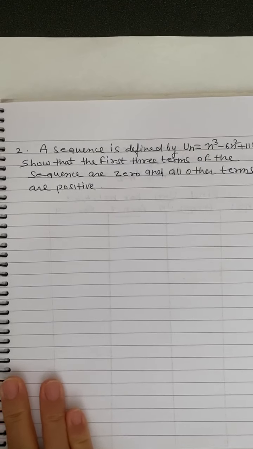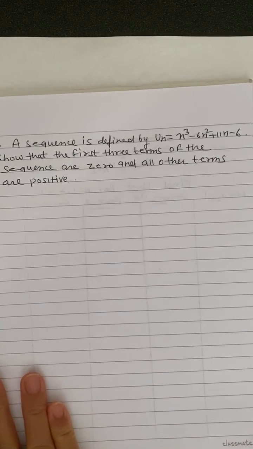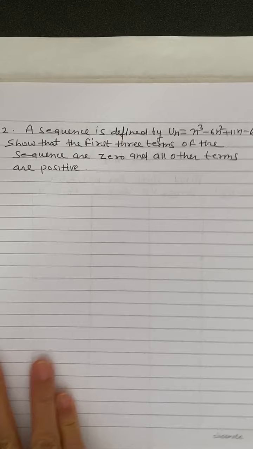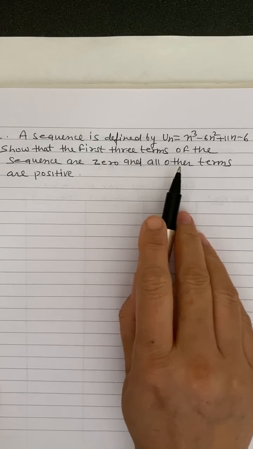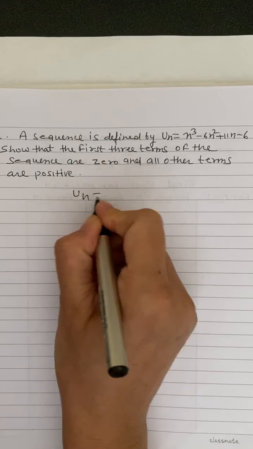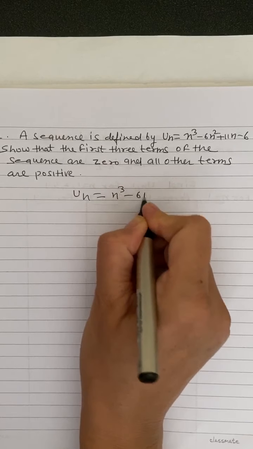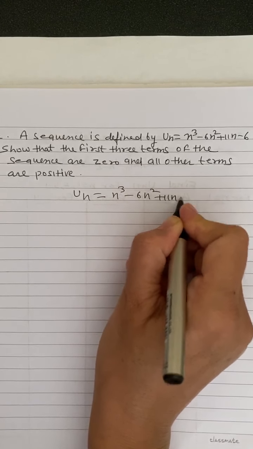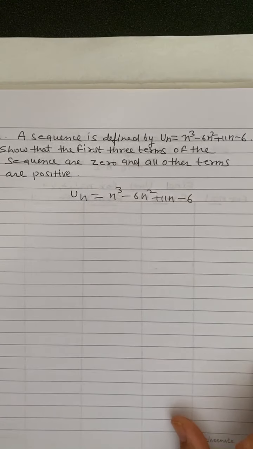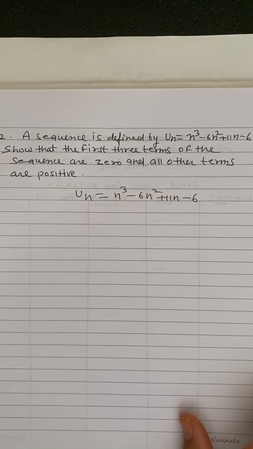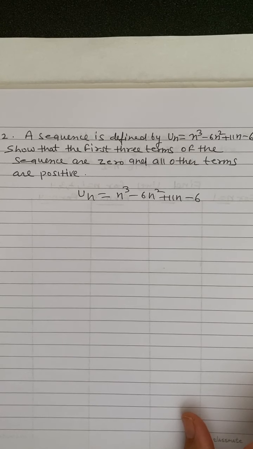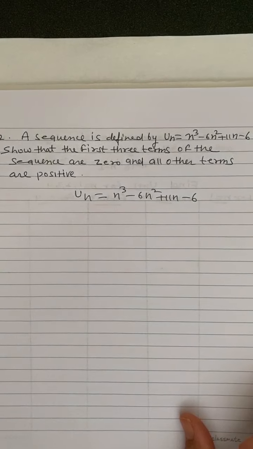Okay, the second one is a sequence defined by un is equal to n cubed minus 6n squared plus 11n minus 6. And they want you to show that the first three terms of the sequence are 0 and all other terms are positive.